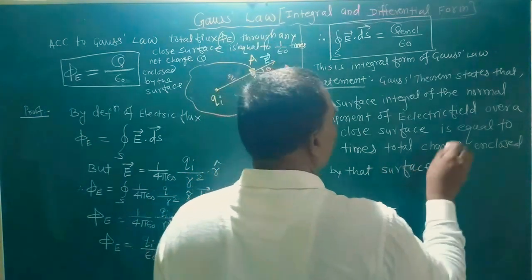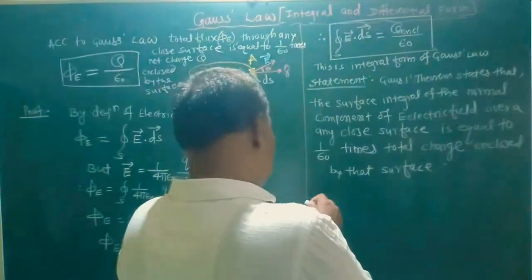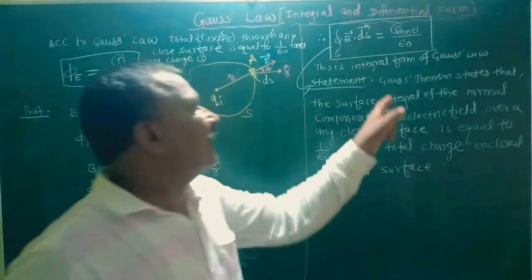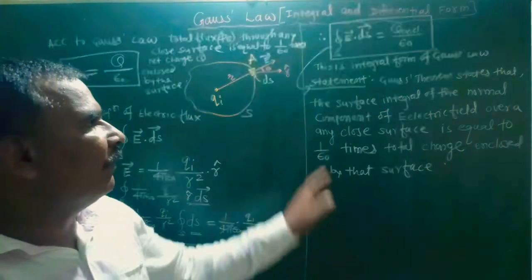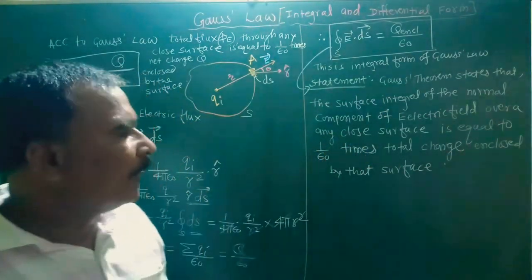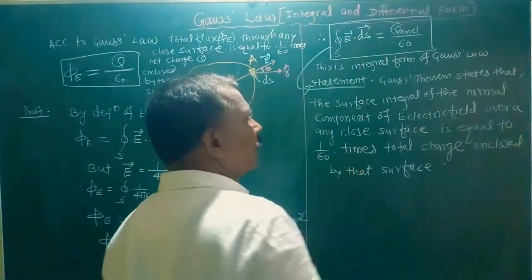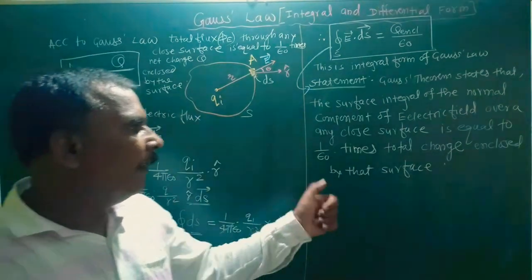This is the statement we have. From this, the Gauss theorem states that the surface integral of the normal component of electric field over any closed surface is equal to 1 upon epsilon 0 times the total charge enclosed by that surface.